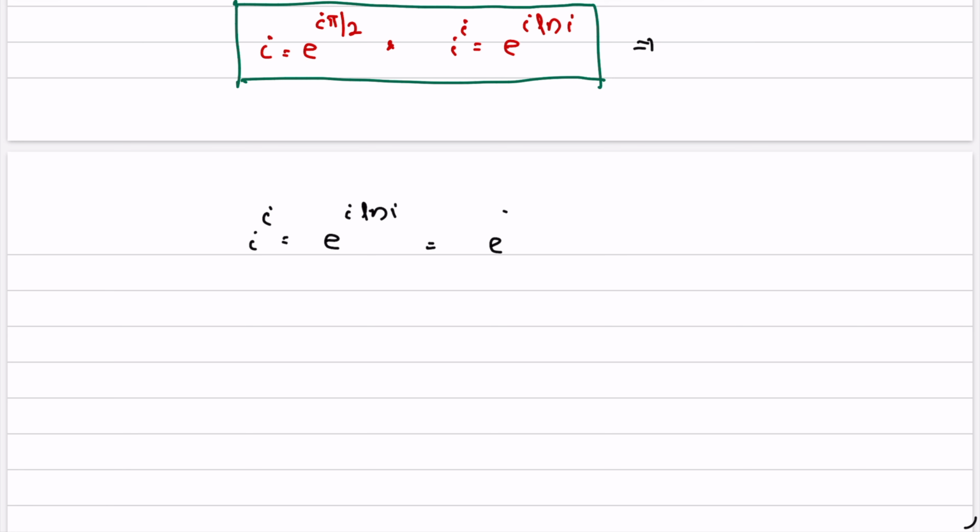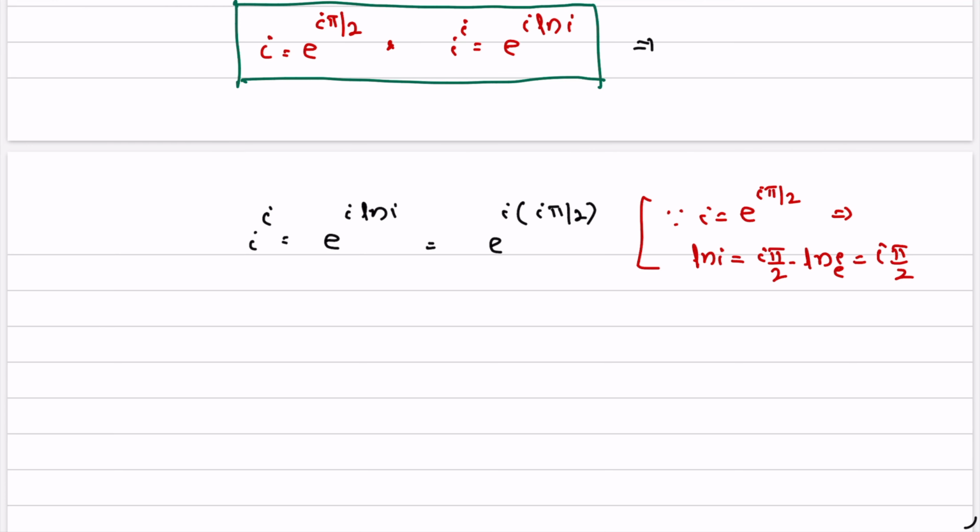Why? By taking natural log on both sides, ln i is equal to i pi by 2 into ln e to the base e, that is equal to i pi by 2.